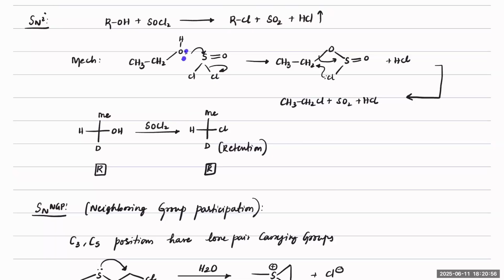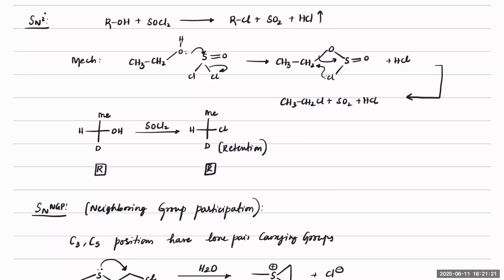It will attack on sulfur to remove one of the chlorines, so you will get this intermediate. Now, as the overlapping of this carbon-oxygen bond becomes weaker, from the same end the chloride present here will attack.